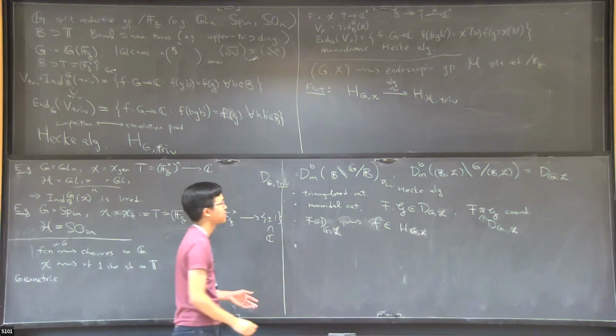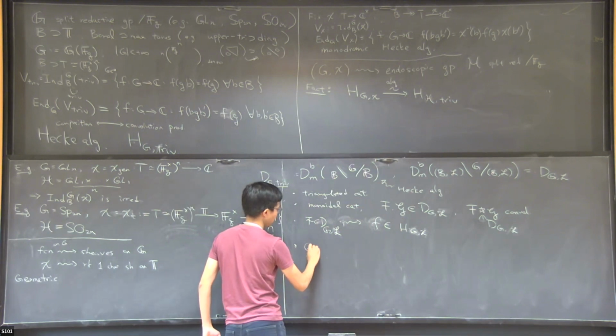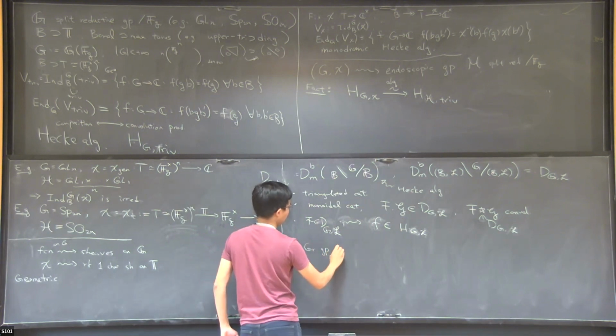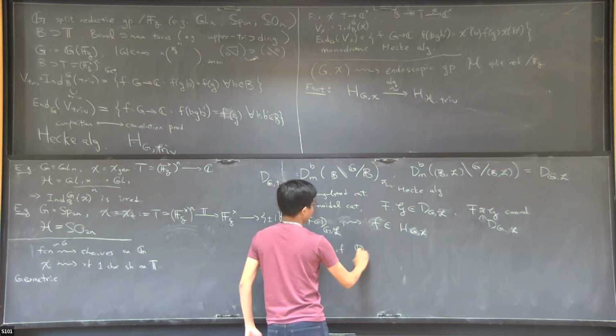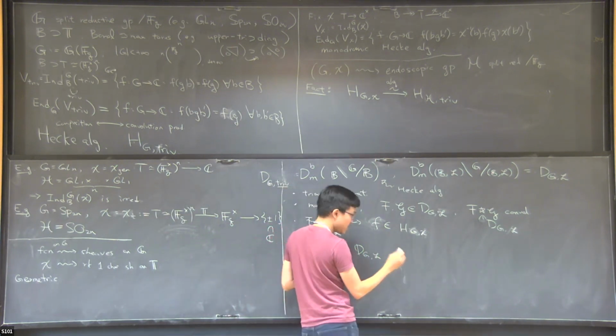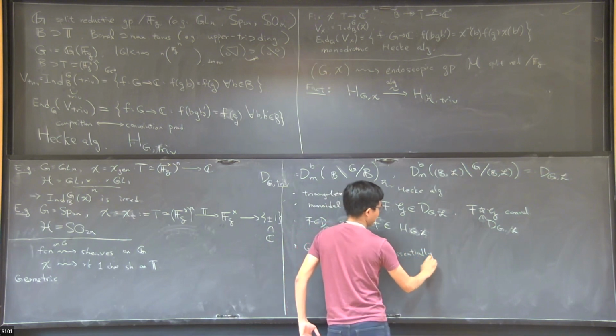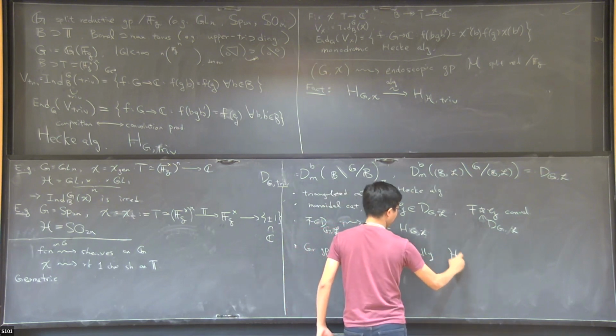And finally, the Grothendieck group of this is essentially the same as the Hecke algebra or the monodromic Hecke algebra.